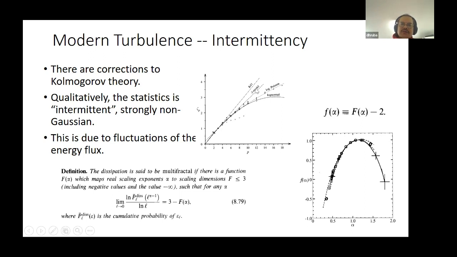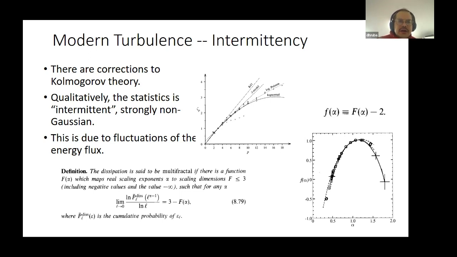In this one, the Kolmogorov K41 is p by 3, just as I had explained. There are various other models that give different behavior, but most importantly, the actual experimental exponents are not on a straight line. They are on a curved line, and this is showing that the system is not simple scaling. There is much more to it.